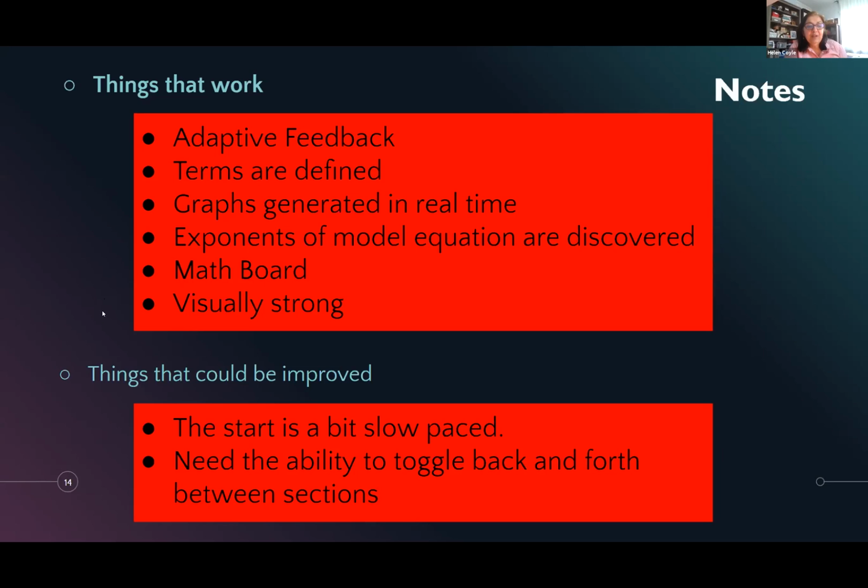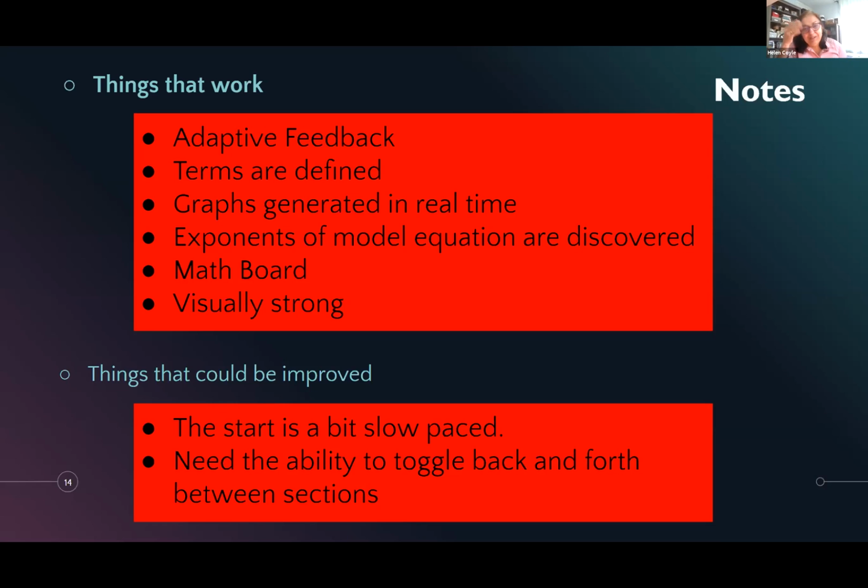And things that I find could be improved: the beginning of the actual VFT went a little bit too long at the start. The beginning concepts are ones that one gets quickly. One should be able to move on to the next part a little faster, so that you could get to the points where you need to use your critical thinking more.